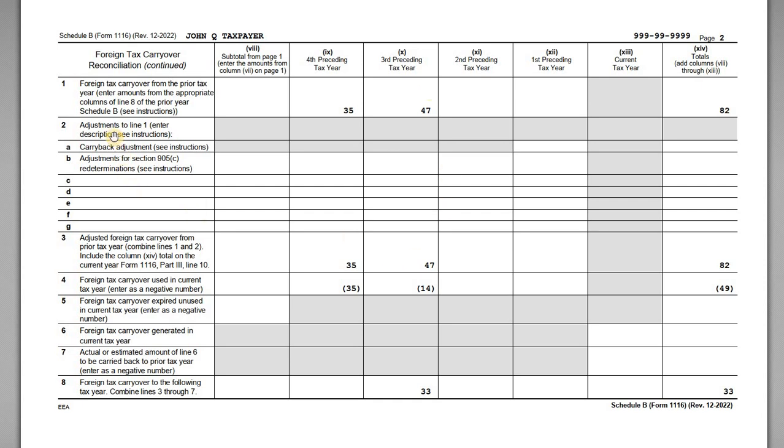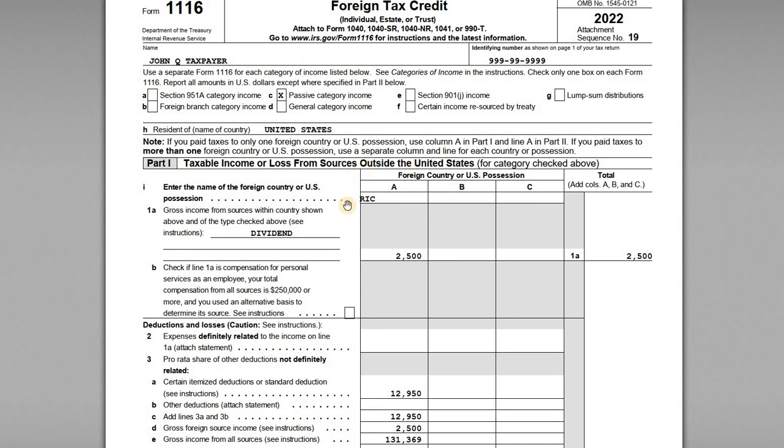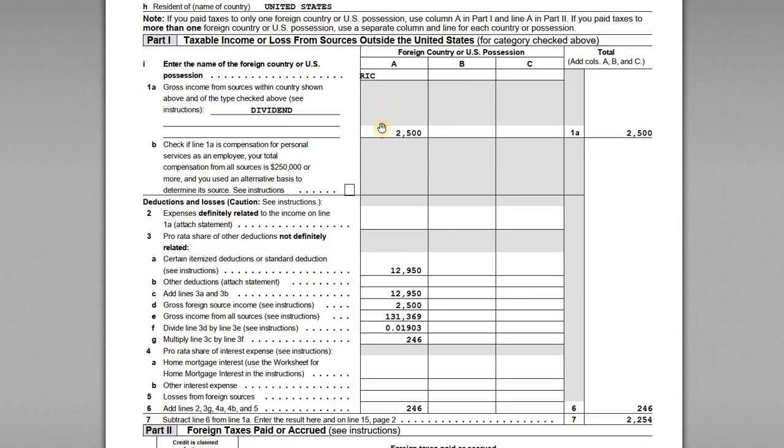Now, the remaining lines, 2 through 8, we'll come back to these after we have a look at the 1116 itself. So John completes the 1116 for the current year. It's passive category income. The income is derived from a RIC, and it's dividend income. $2,500 is foreign source dividend earnings.